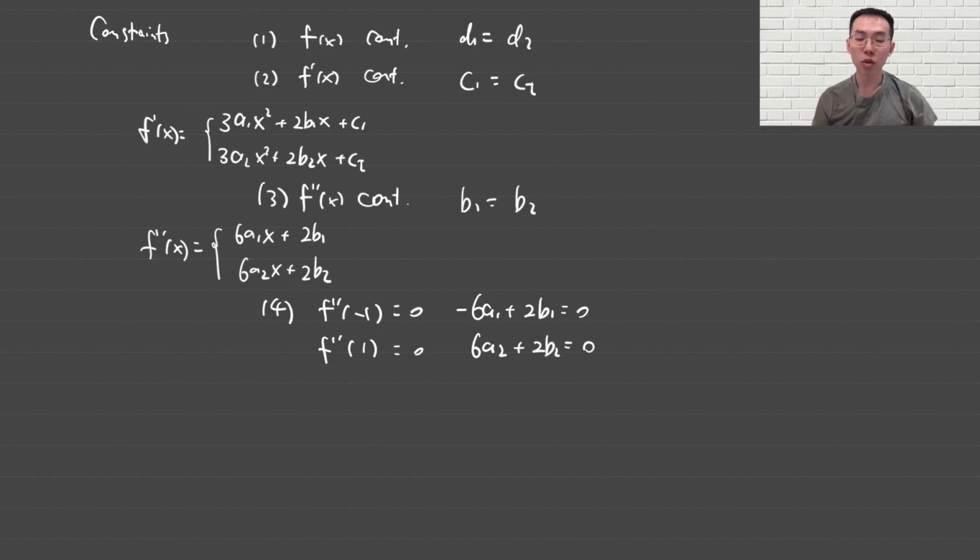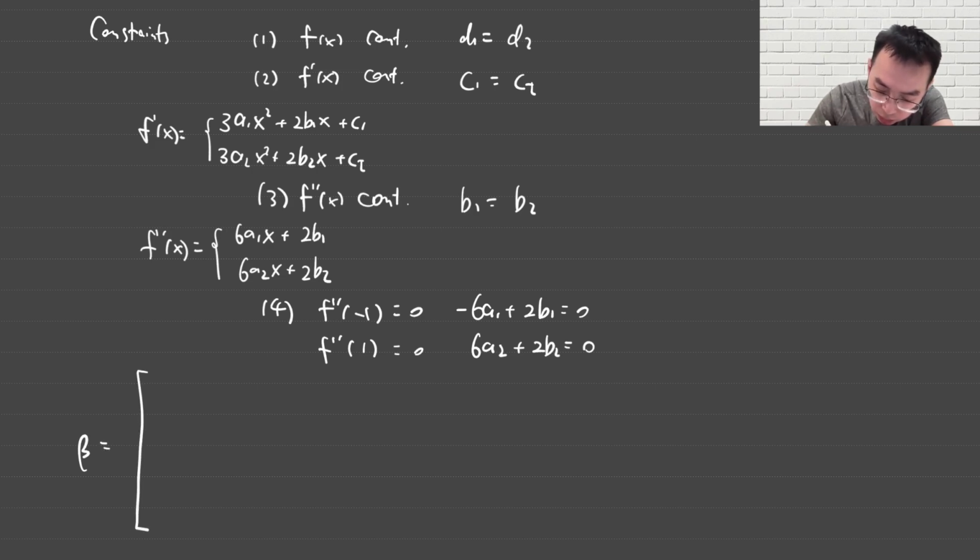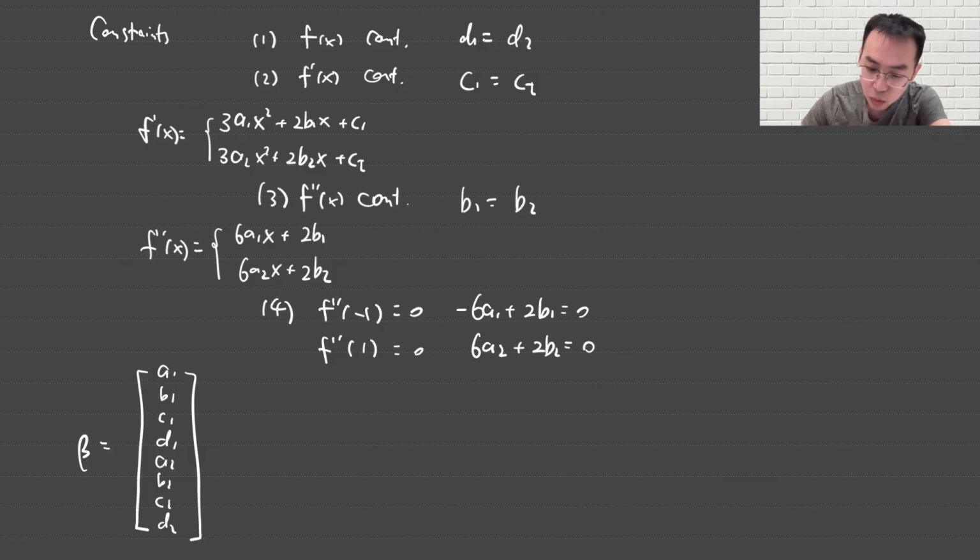So let's translate this into matrix notation. Let me define a vector beta containing all the unknowns we have: A1, B1, C1, D1, and then A2, B2, C2, D2. This is an 8 times 1 vector.